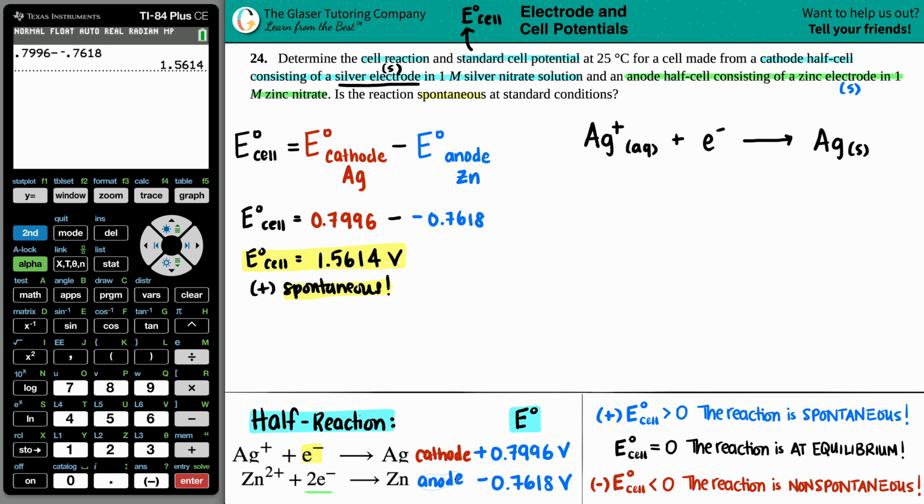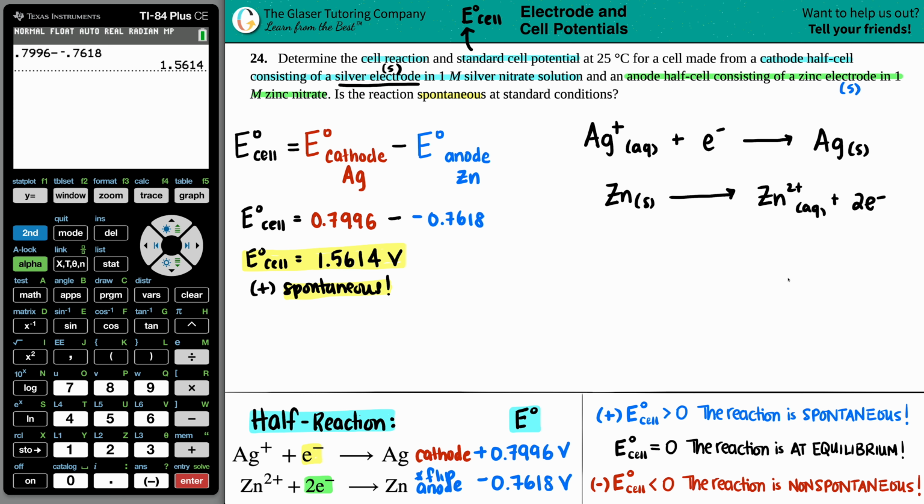Yeah, you're just going to have to flip it, in which the zinc solid is now on the left side, and these two are on the right side. So that's what I'm going to do. I'm going to say zinc yields the Zn2+, that's aqueous, plus the 2 electrons.